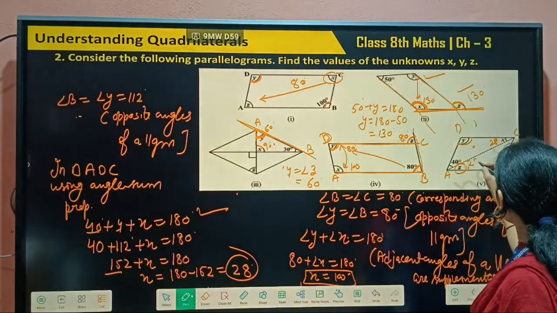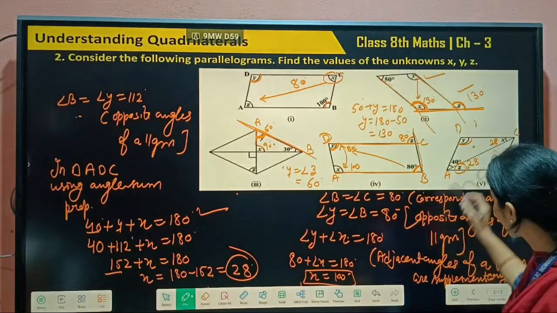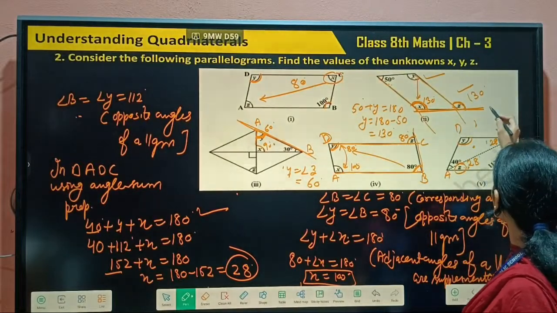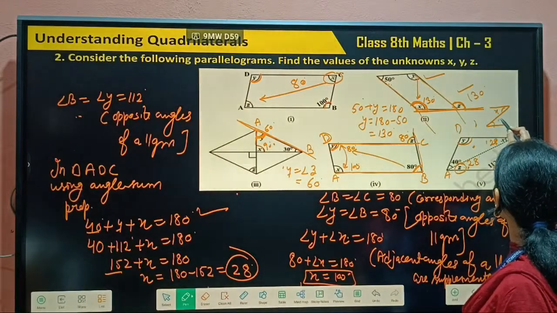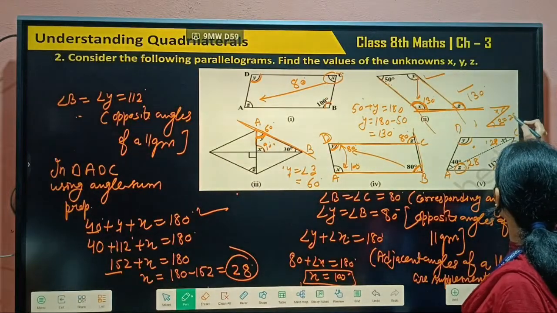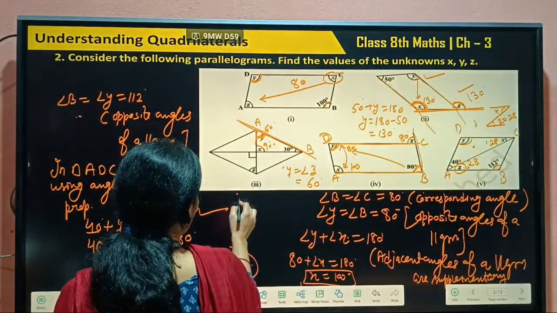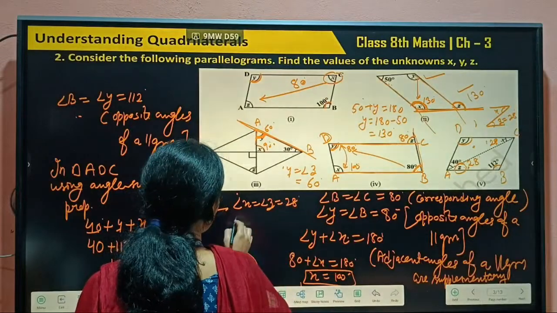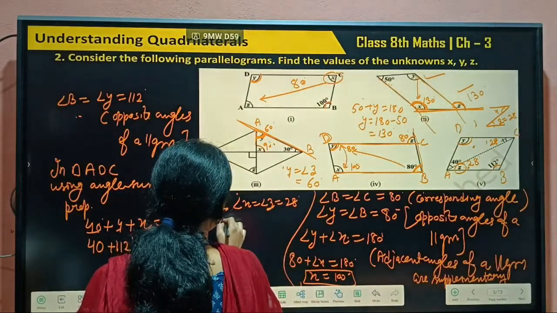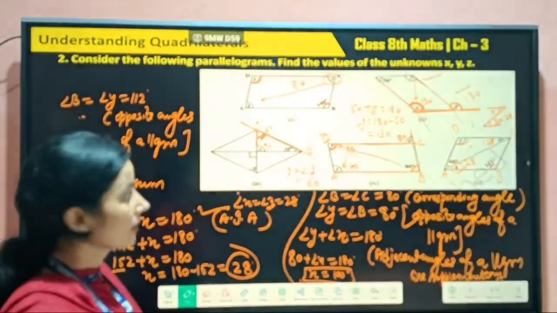Then this z is also 28, because this z is an alternate interior angle. This is x and this is z. So this z is also 28, and the reason is alternate interior angle. Angle x equals angle z equals 28, and the reason will be alternate interior angle.